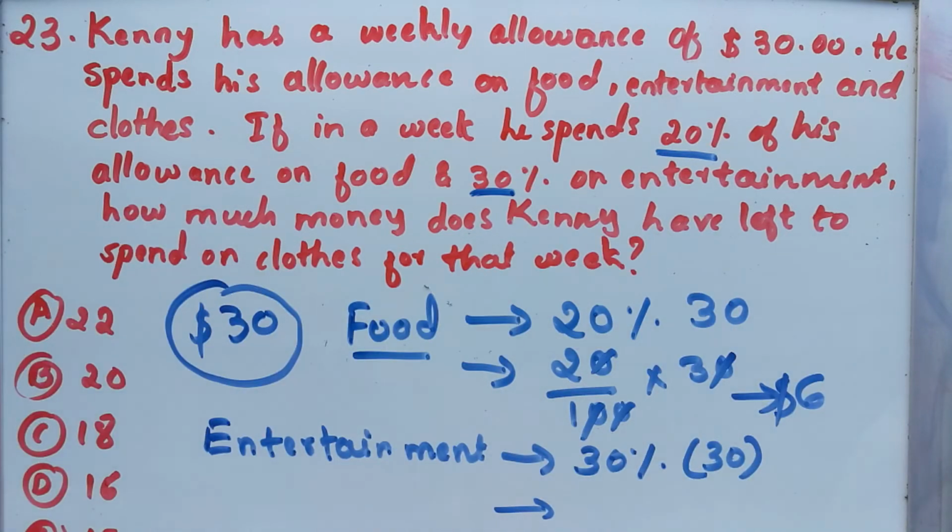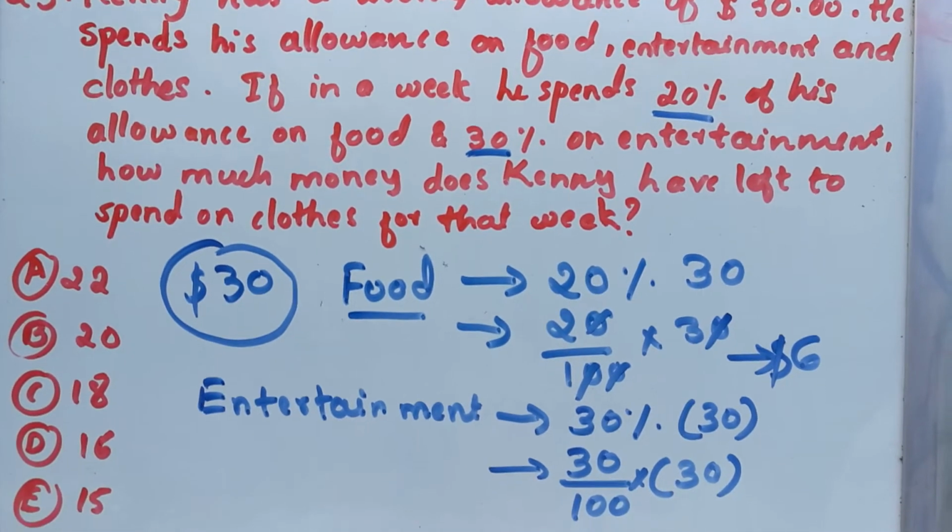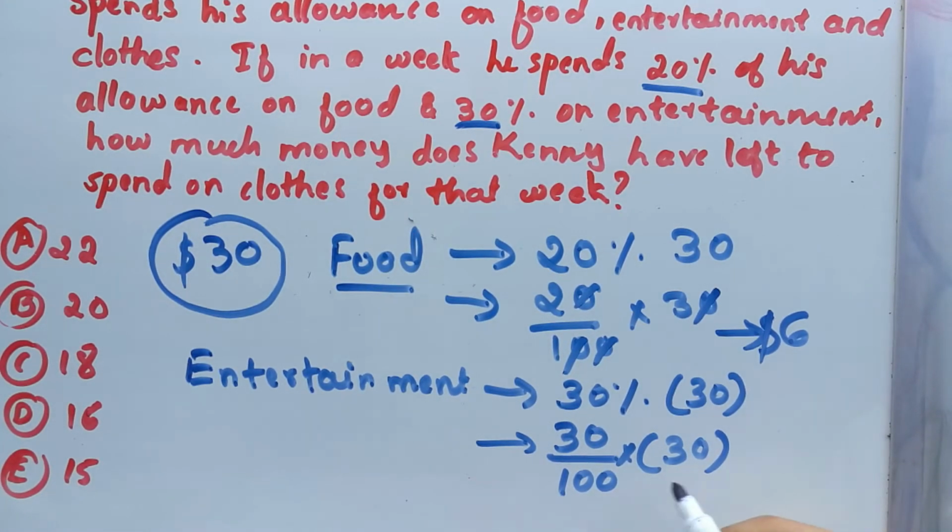This question is about percentage. So 30% means 30 divided by 100 multiplied by 30. So cancel all zeros. This is 3 times 3, which is 9. For entertainment, he spends $9.